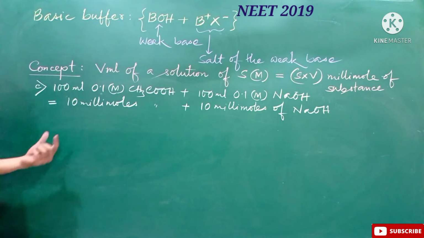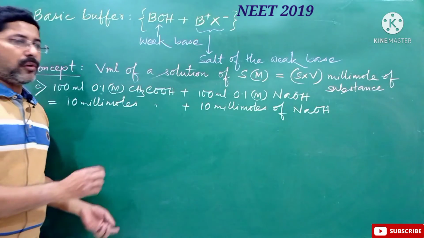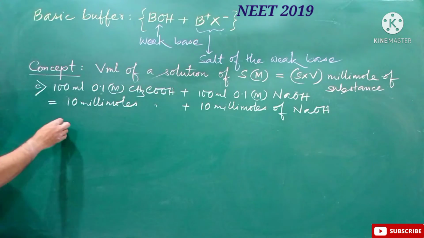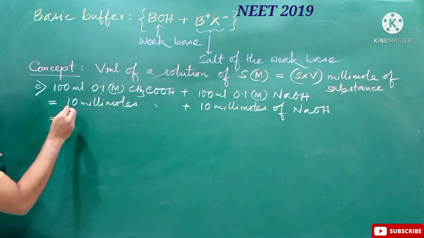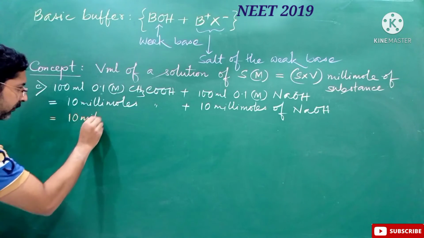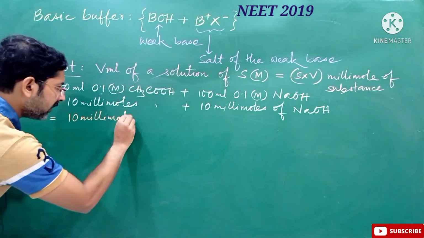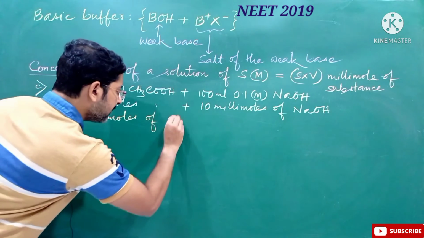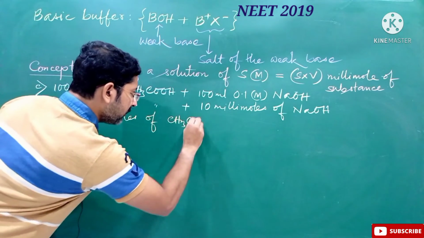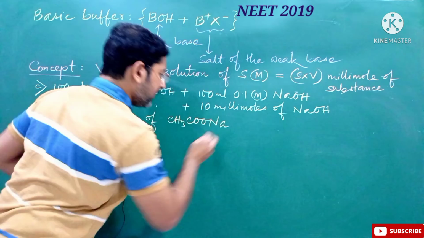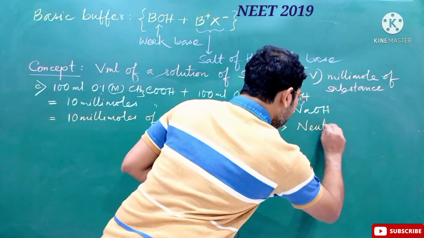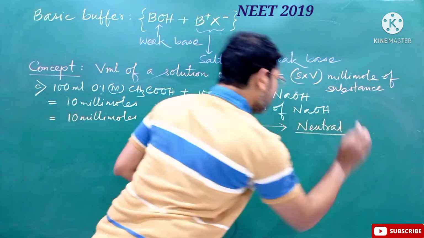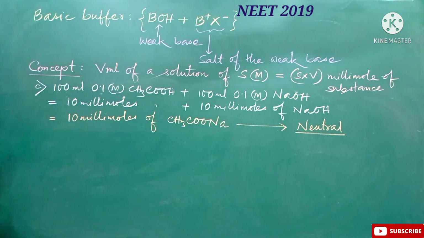These equal amounts of acid and base will neutralize each other to form a neutral solution, right? So after the reaction it will produce only 10 millimoles of sodium acetate, and so the solution will be neutral, right? Okay, now C is not the correct answer.